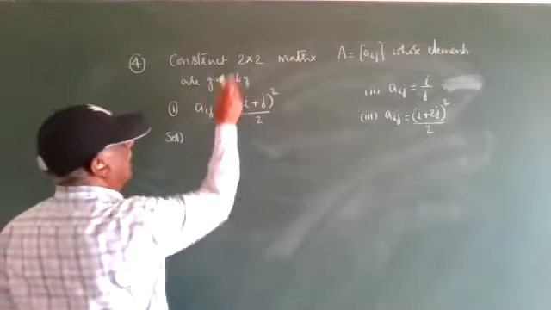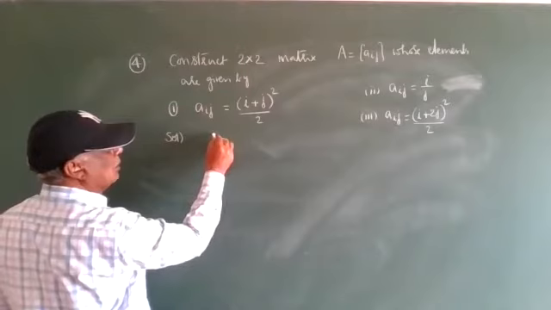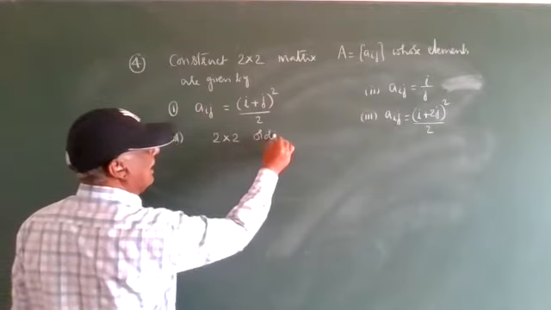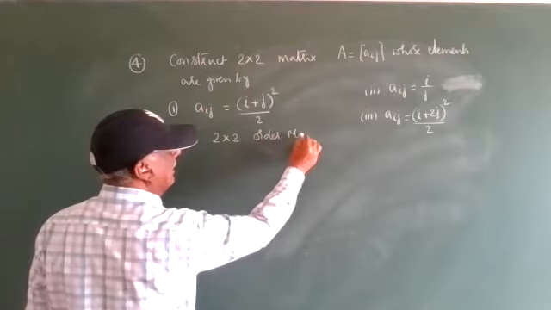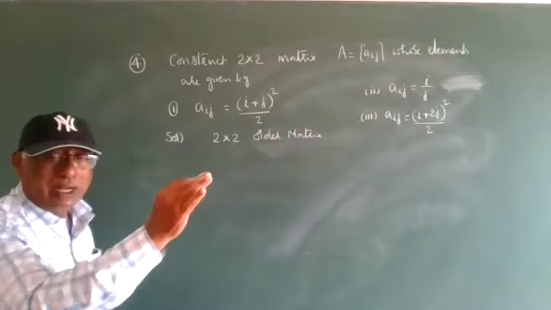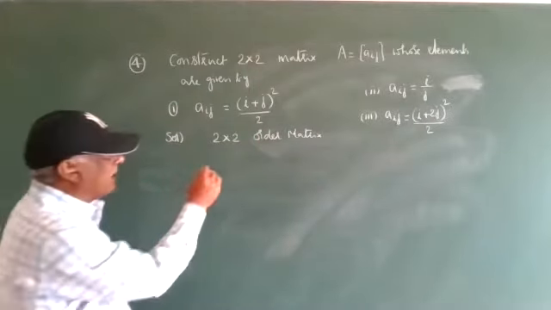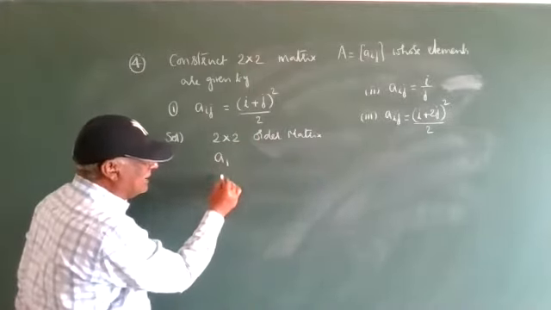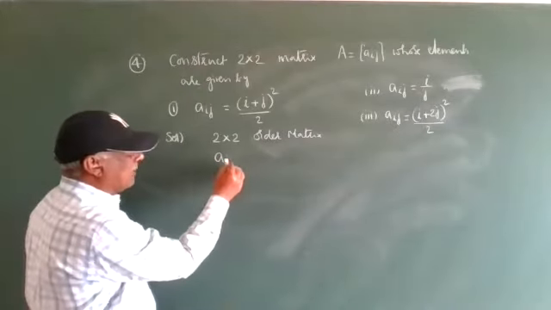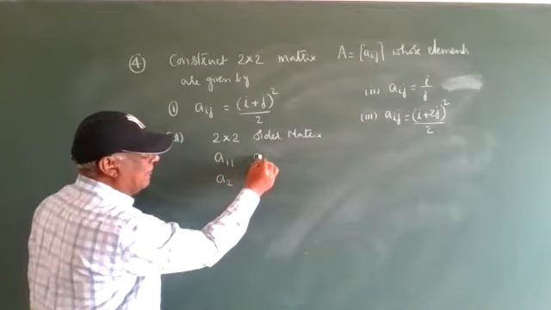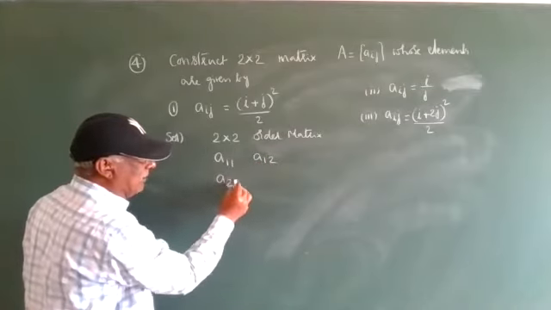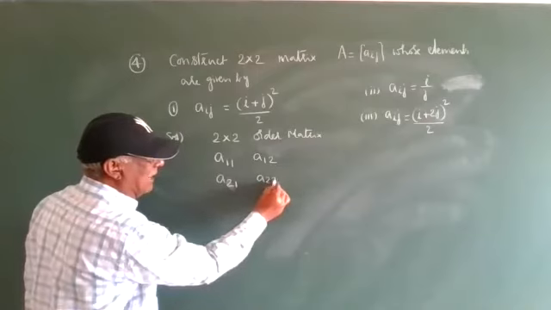First, a 2 by 2 order matrix means two horizontal lines, that is, two rows only, and two columns only. First row, first element, first row, second element, second row, first element, second row, second element.